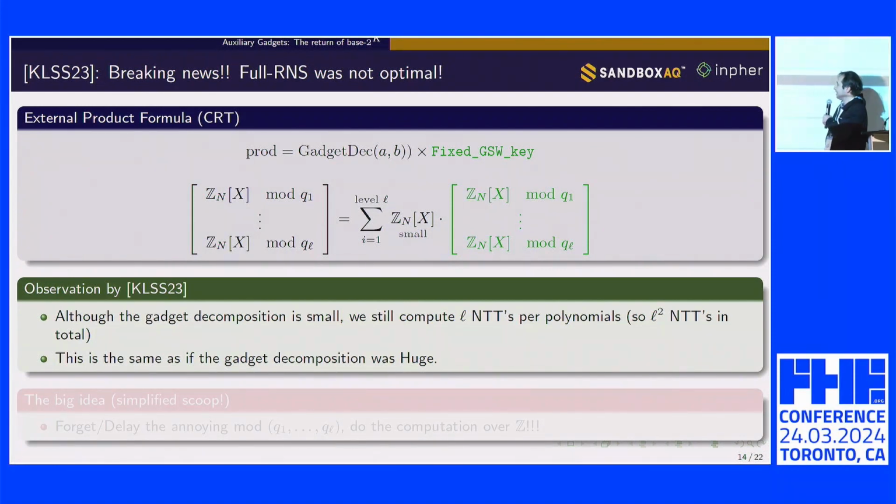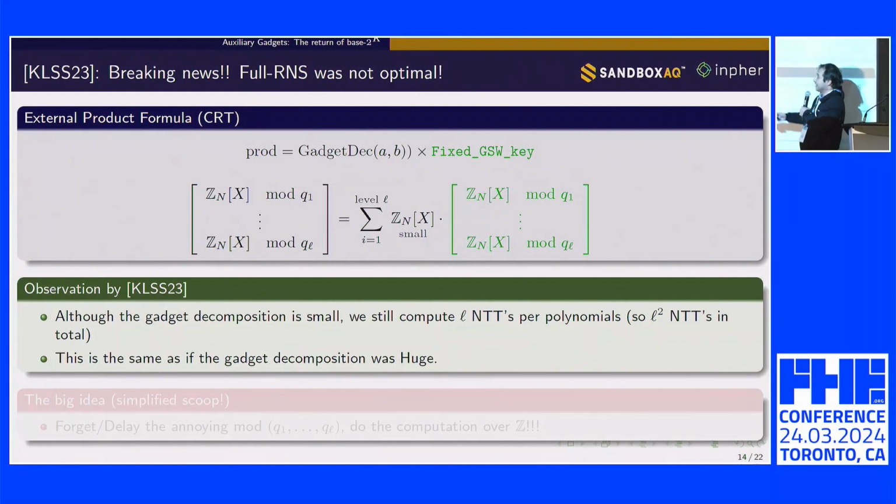And to be able to evaluate that using NTT, it means that we have to compute L different NTTs of the same small integer coefficients. So yes, we are computing L NTTs exactly as if the coefficients were big, which is a bit of a waste.